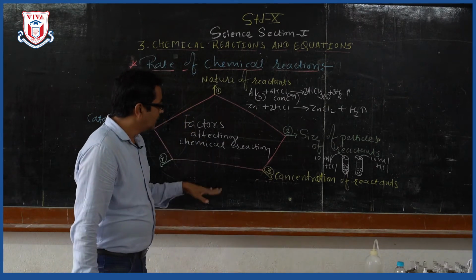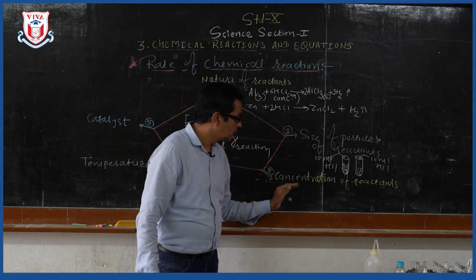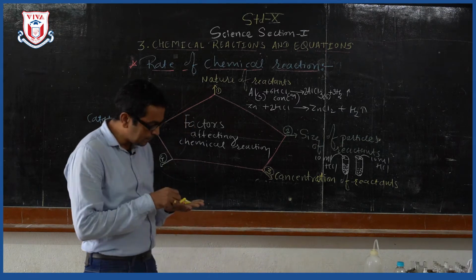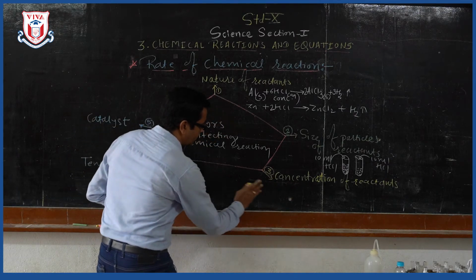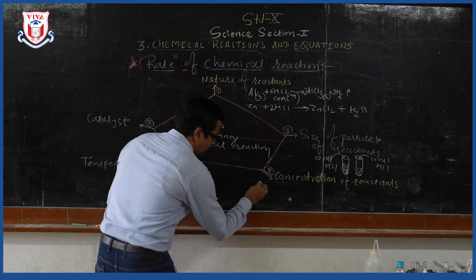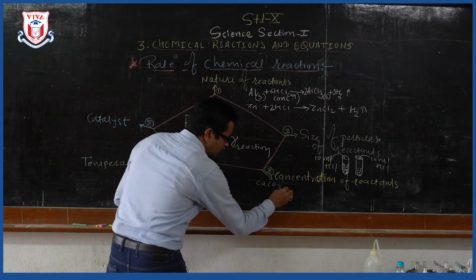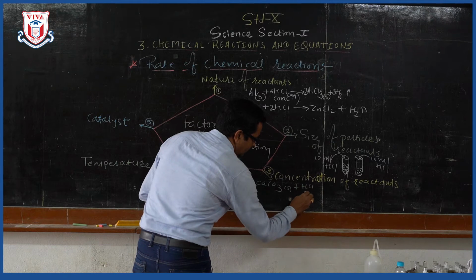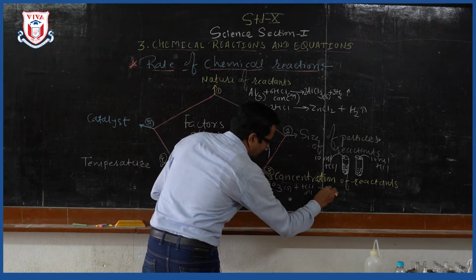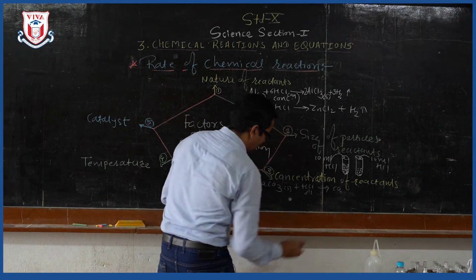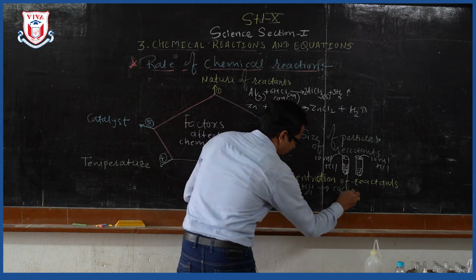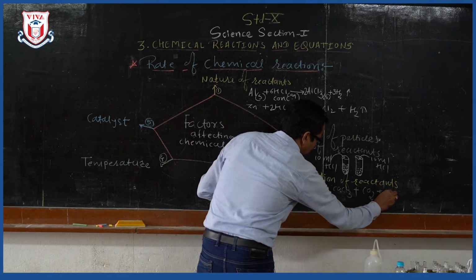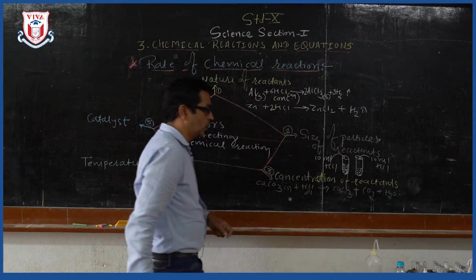Then the third one is the concentration of reactants. In concentration of reactant, let's take the example of calcium carbonate, CaCO3 solid, reacted with dilute HCl, which will give CaCl2 plus CO2 plus H2O.